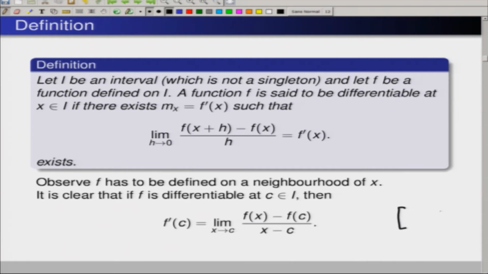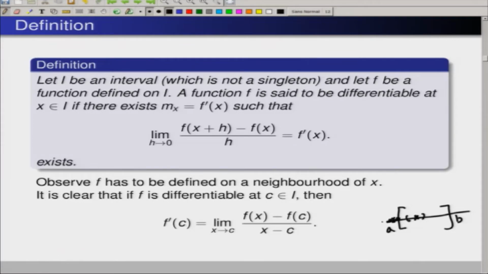Suppose you are taking an interval a b. Then for any point inside the open interval a b, I can define x minus h and x plus h, because I am only interested in small h. So, I can accommodate x minus h and x plus h for small h inside this a b. But if I take my x to be at a, then for any positive h, a minus h does not belong to the closed interval a b.